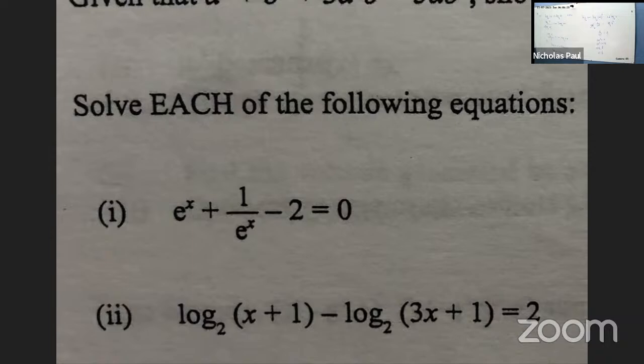Then part 1 looks like this. This guy is quadratic, right? So part 1 looks like this, this guy is quadratic, and part 2 is a normal log. The reason I didn't do part 1 last week is I didn't show you the log again. So part 1 is like what we did last week.